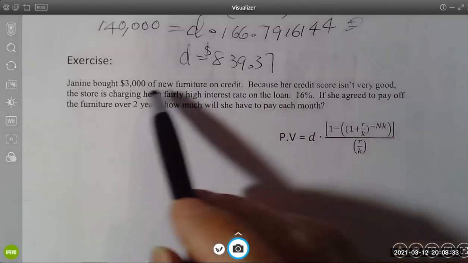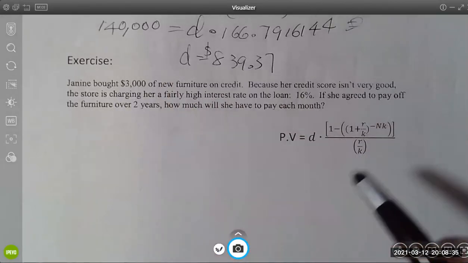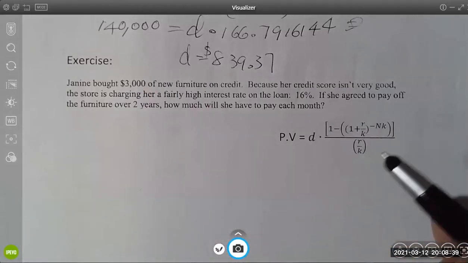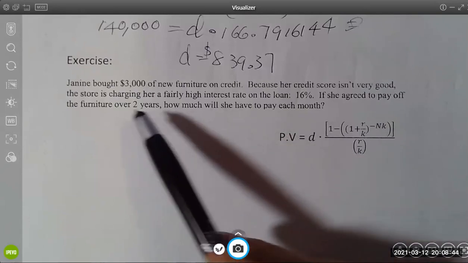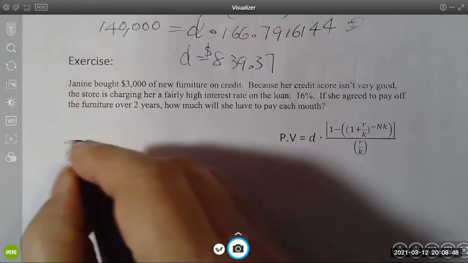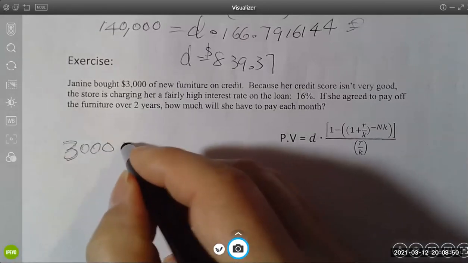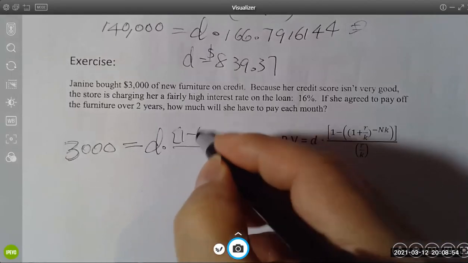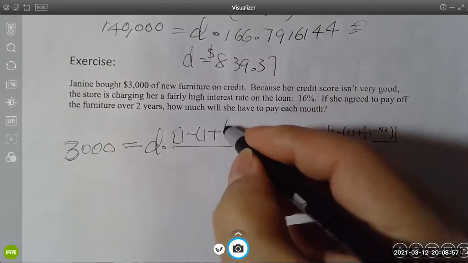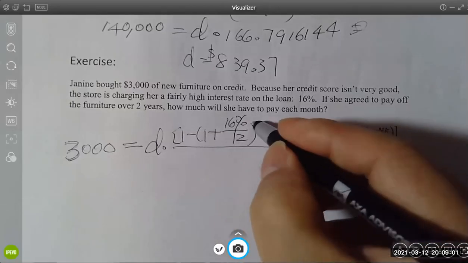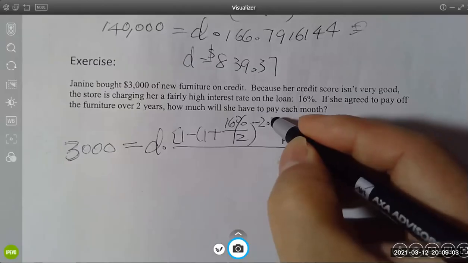Say, current debt, and we're looking for the monthly payment. The current debt is the present value of an annuity because she makes a periodic payment, and each time the same amount reduces our total debt. So 3,000 equals D times 1 minus 1 plus 16% over 12, monthly payment, to the power of negative 2 times 12, for 2 years.